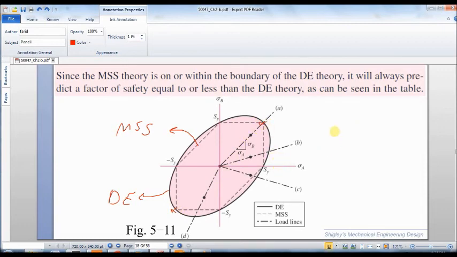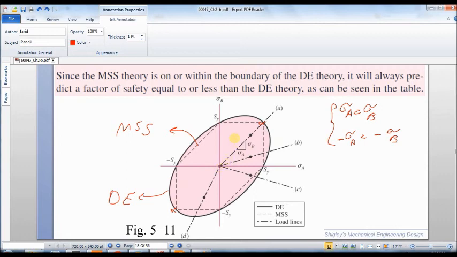That means the safety factor can be equal using these two theories if we have two positive principal stresses, or two negative principal stresses. Only in these two cases will we get equal safety factor by using MSS and DE.